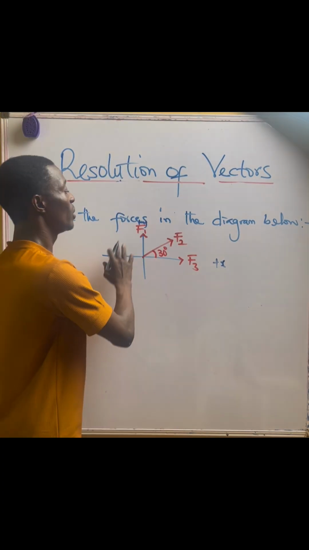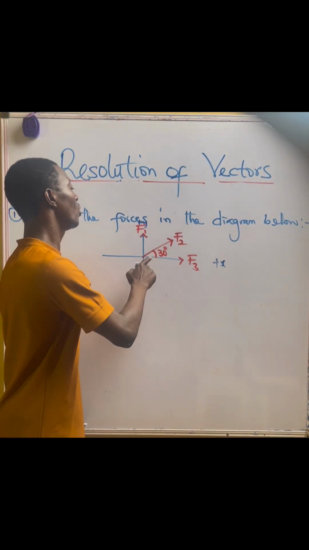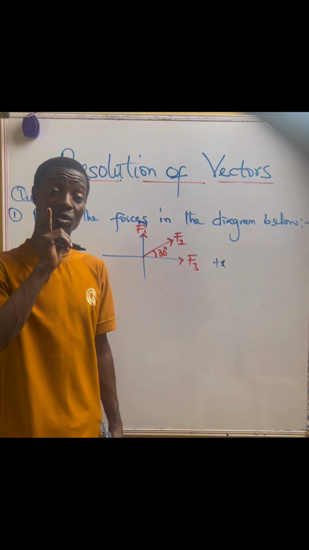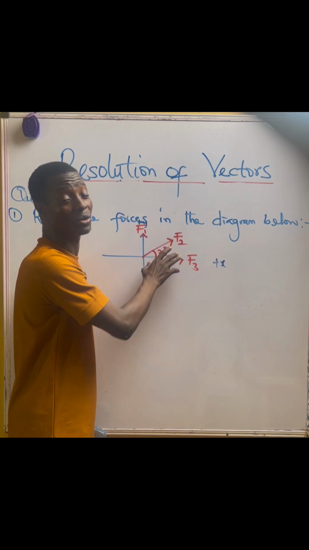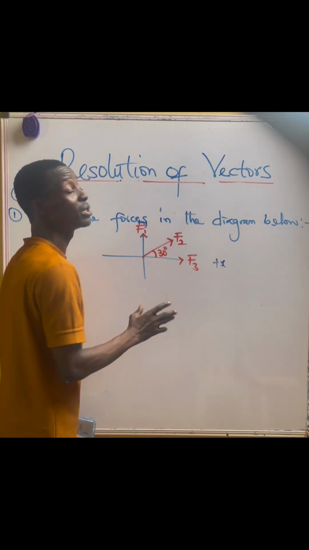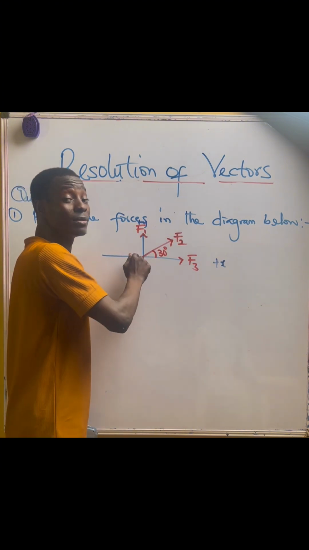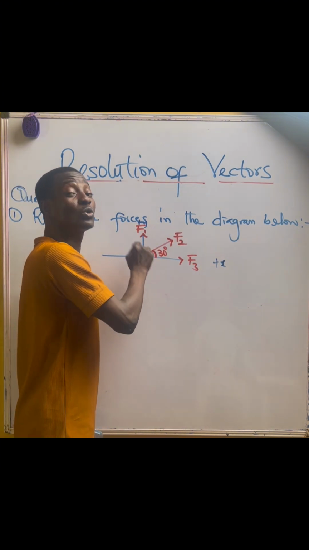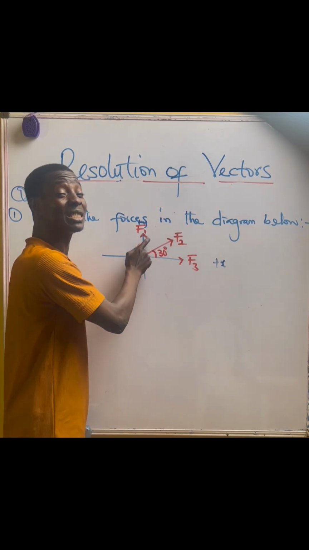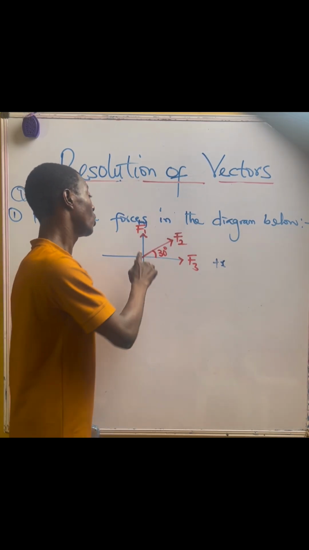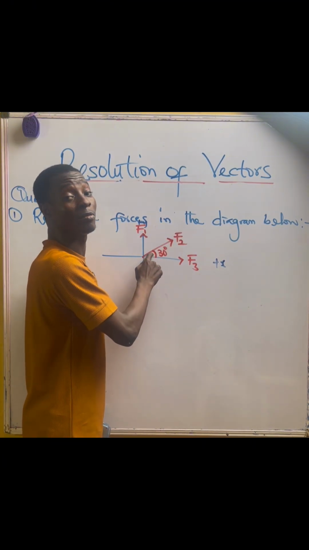Whenever you're dealing with questions like this, ensure that your angle is towards the horizontal. This question, for instance, the angle is actually to the horizontal, which is fine, okay? But sometimes the angle might be given to the vertical. When the angle is given to you towards the vertical line, what you try to do is forfeit the angle at the vertical, or angle towards the vertical, and try to solve the remaining that is at the horizontal.